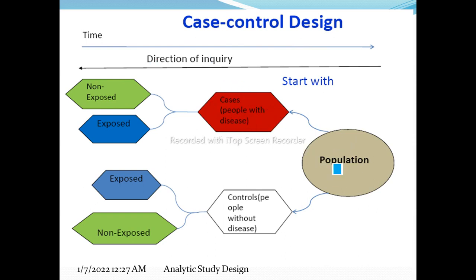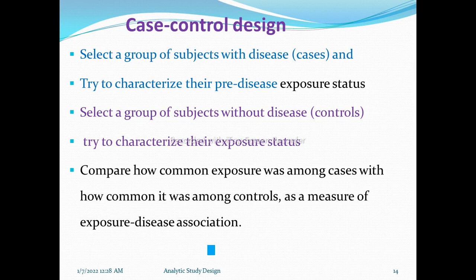Here is a population. In the population we will select cases and we will select controls. So cases are compared for non-exposed and exposed, and controls are compared for exposed and non-exposed. So case control design selects groups of subjects with disease, that is cases, and tries to characterize their pre-disease exposure status, whether they are exposed or not.